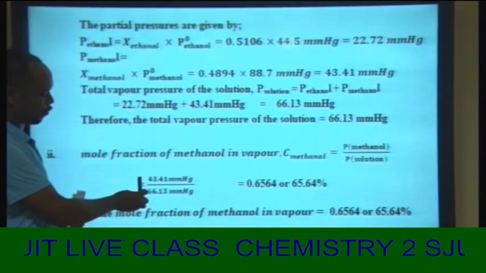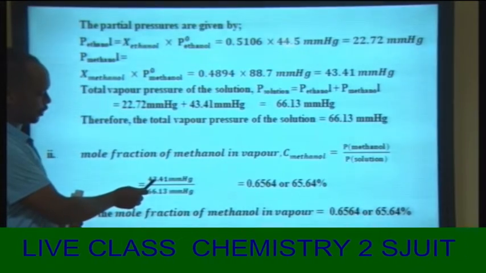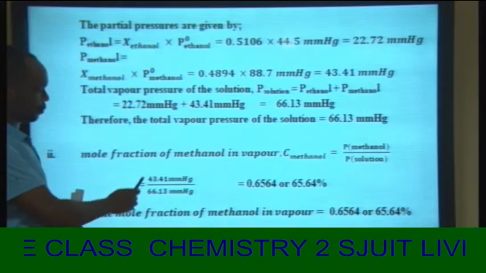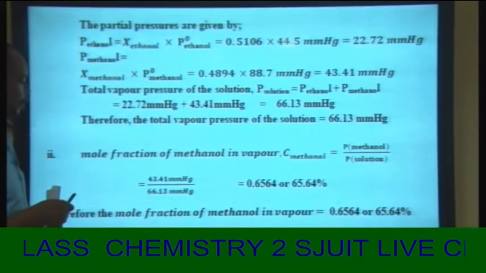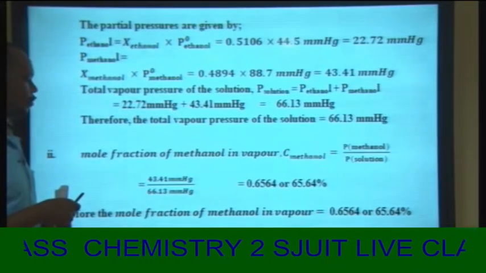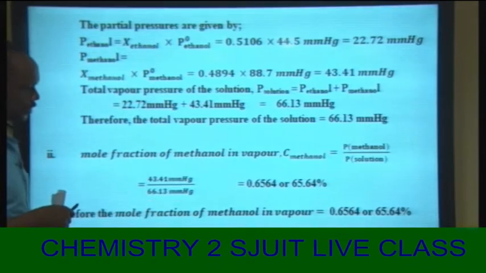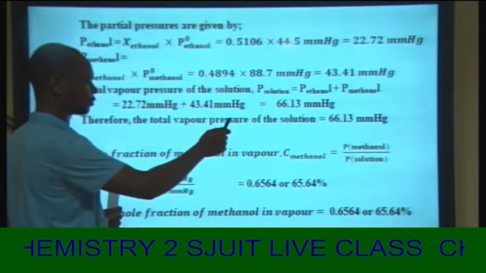Partial pressure of methanol is equal to 43.41 millimeter of mercury divided by the total pressure of the solution, which is equal to 66.13 millimeter of mercury. The mole fraction term which you obtain over there is 0.6564.